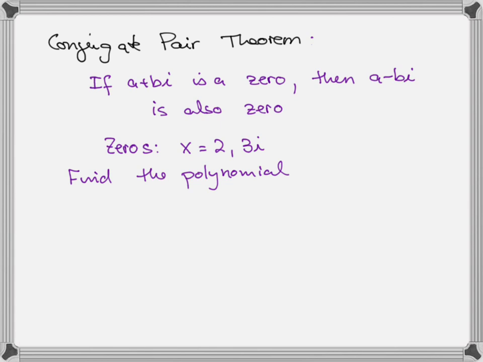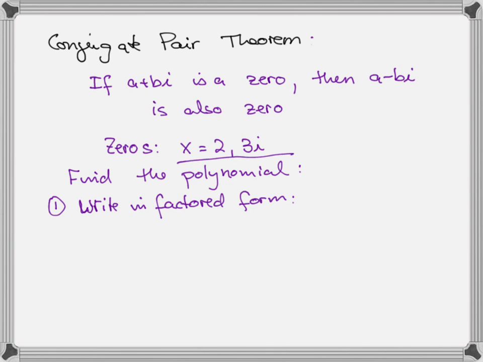Now, what you want to do is write it out in factored form. What are the factored forms of these zeros here?